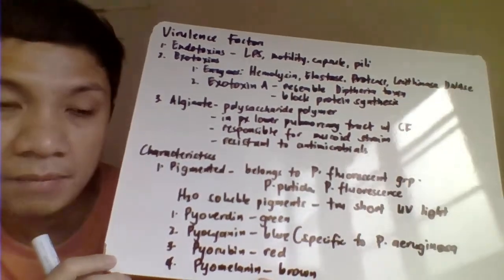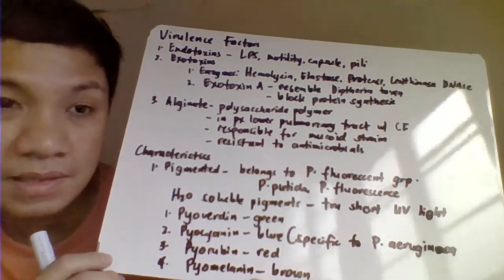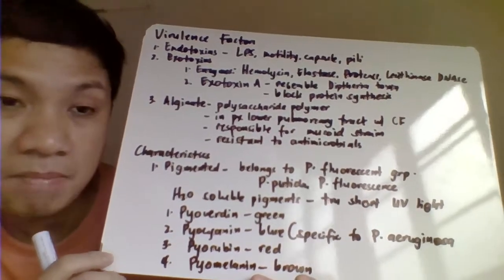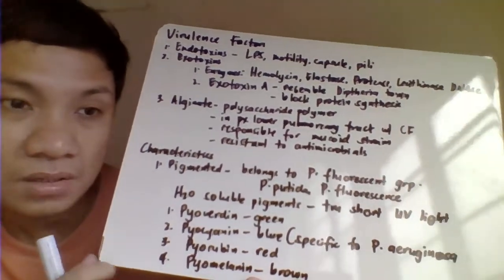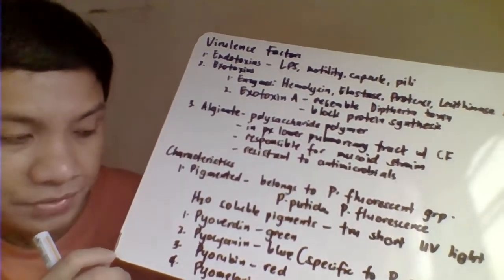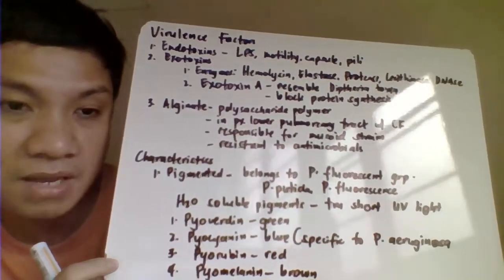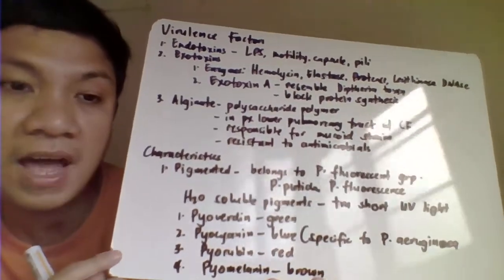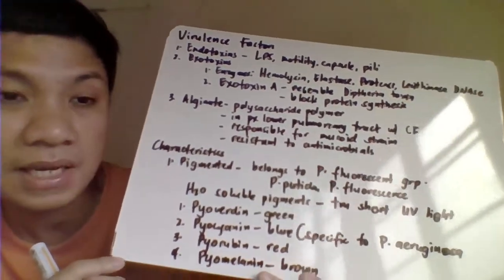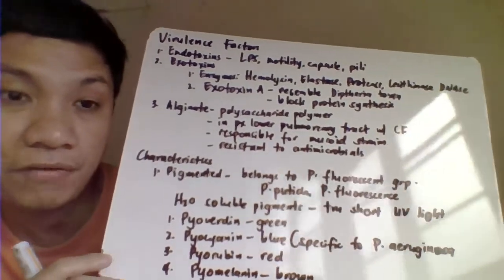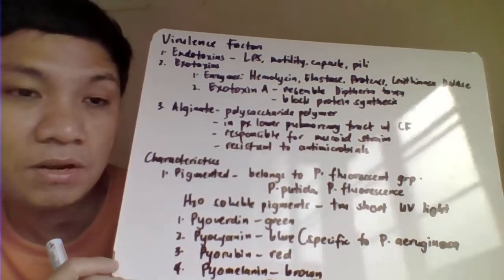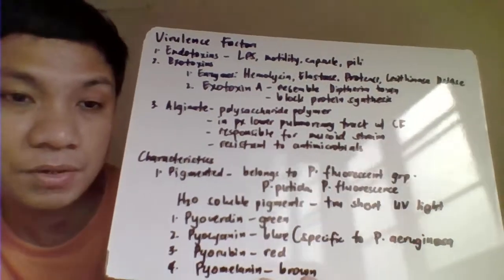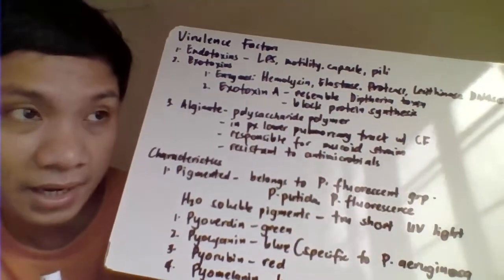The first one is pyoverdine, a green pigment produced by Pseudomonas. Then we have pyocyanin, which is a blue pigment. The combination of the pyoverdine and pyocyanin, the blue and the green, is responsible for the blue-green color of our Pseudomonas on different culture media, including Mueller-Hinton agar.